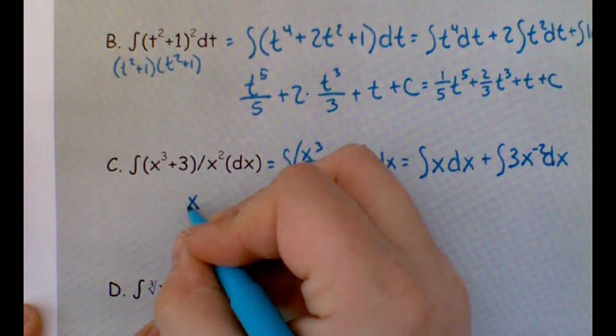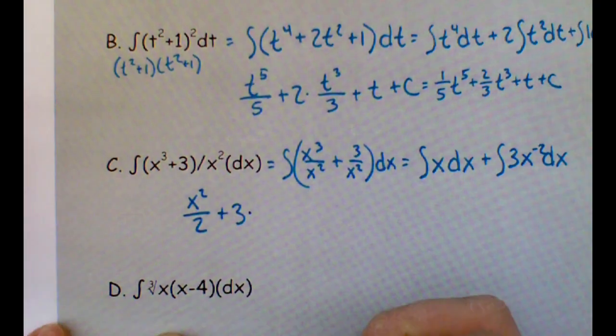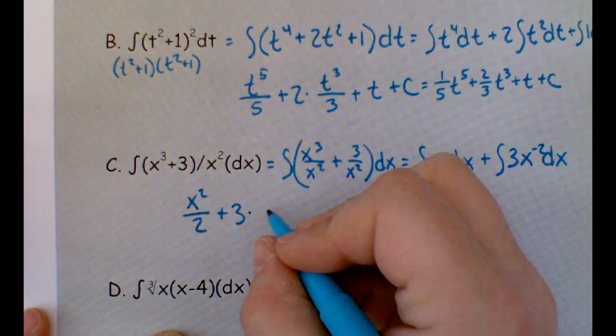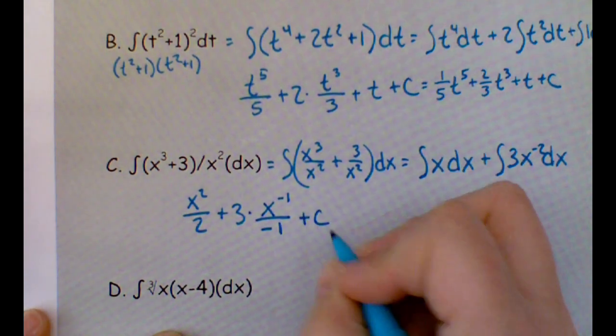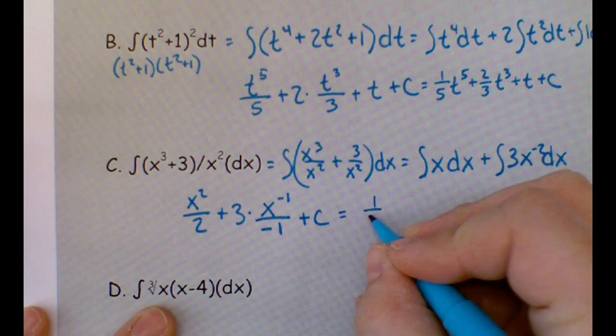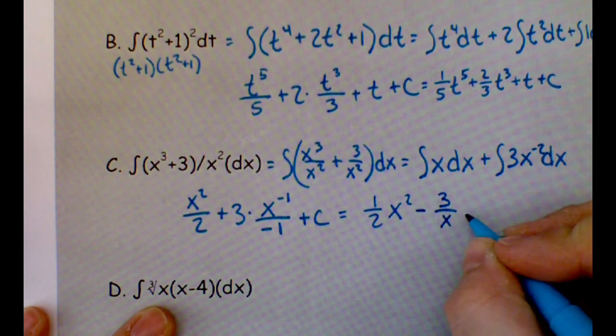Antiderivative of x is x squared over 2 plus 3 times the antiderivative of x to the negative 2nd power, which is x to the negative 1st power divided by negative 1 plus c, which is 1/2 x squared minus 3 over x plus c.